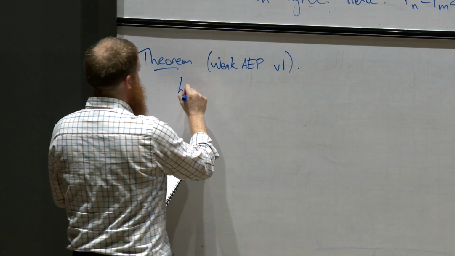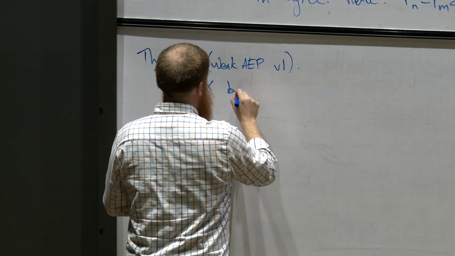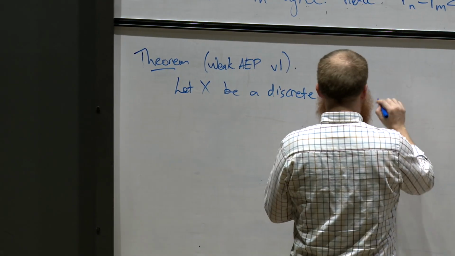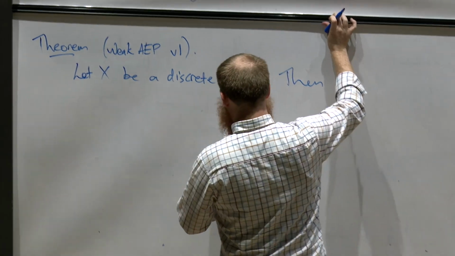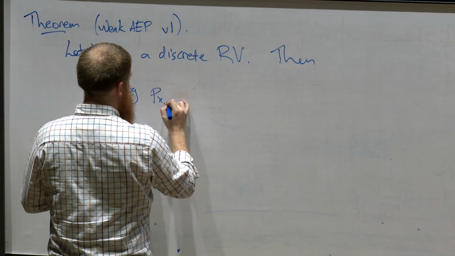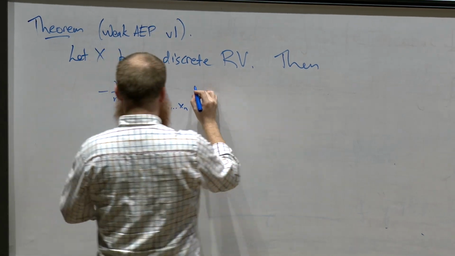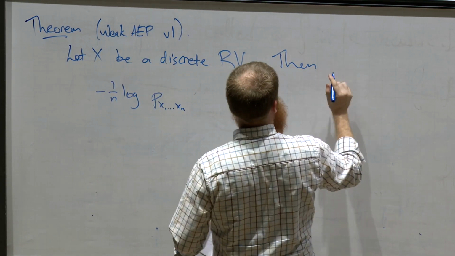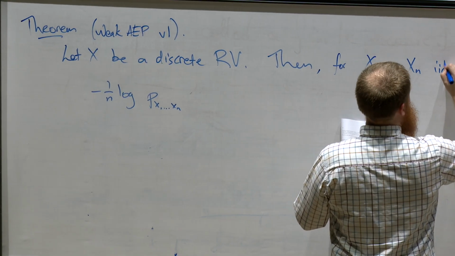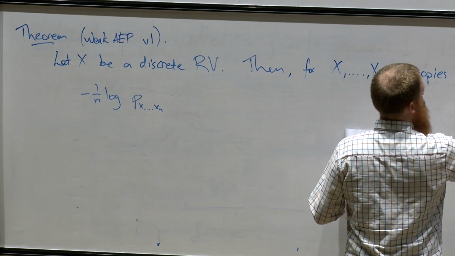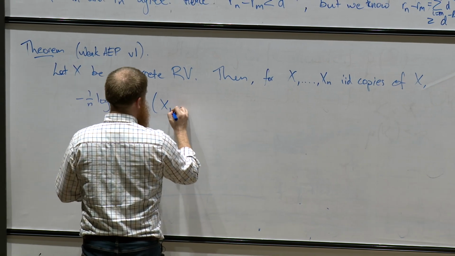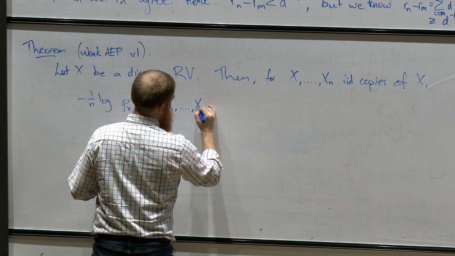Let x be a discrete random variable, then minus 1 over n log probability of x1 through to xn, so I should say for x1 iid copies of x, the probability of observing the particular sequence through to xn.